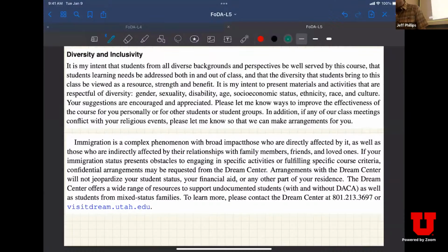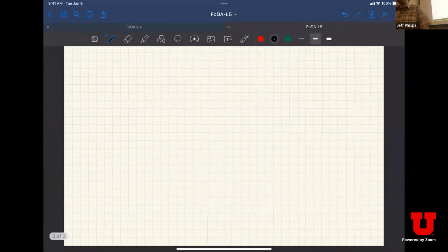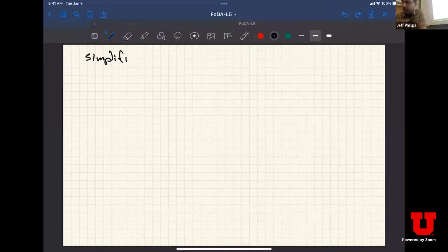All right. So we want to talk about Bayesian inference, and the first thing I want to do is look at a simplified version of Bayes' rule. I'm going to introduce an important piece of new notation.